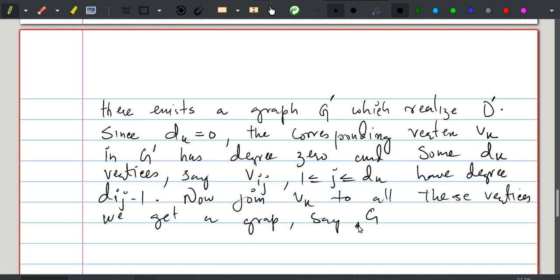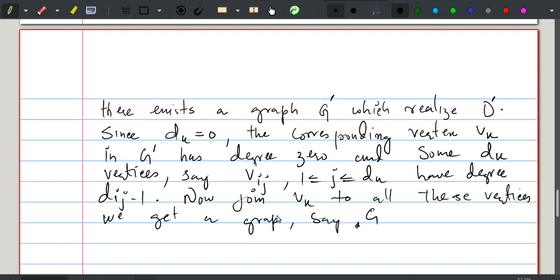So the resulting graph will be a graph whose degree sequence is d. Hence we are done. That is, we have proved that d is graphable. I mean, G realizes this sequence d.